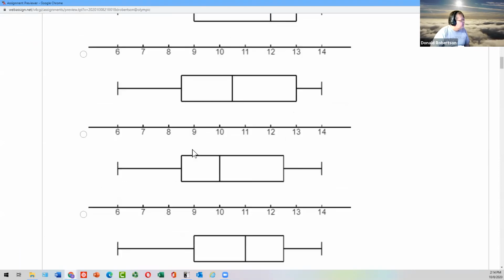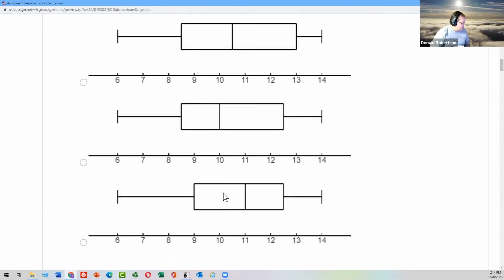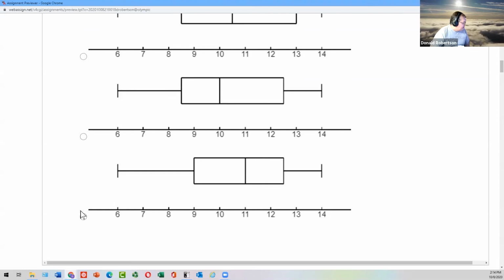That's good. It has a 6 to 14. That is good. Would you agree that that one at the bottom has all the different features that we found in our five-figure summary? And that would be what my box plot would look like when I finish drawing it. I'm getting nods. I like nods.